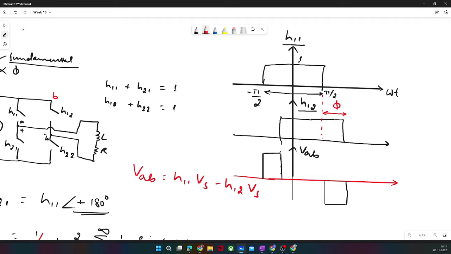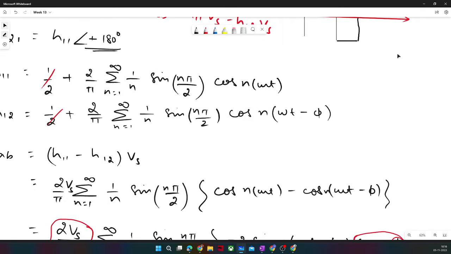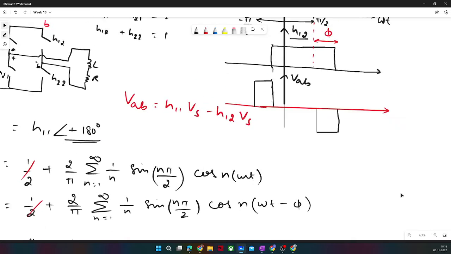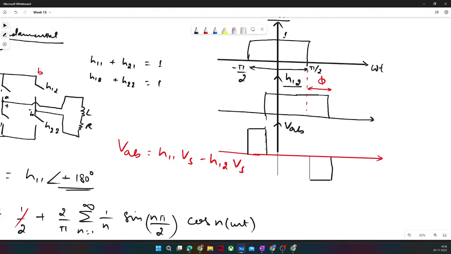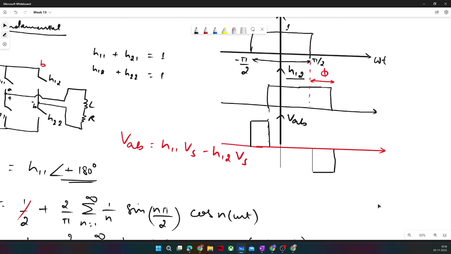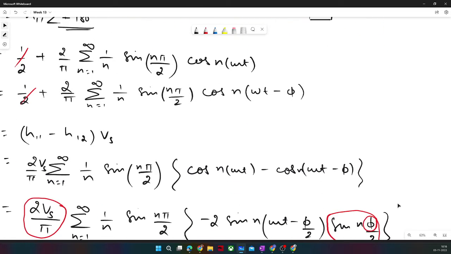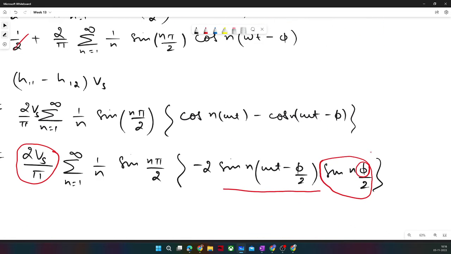And when you shift phi by 180 degrees, you will get a pure shifted waveform, like in the sense of a single phase inverter. If you put phi equal to 180 degrees, this term would be n90, and n90 is 1.